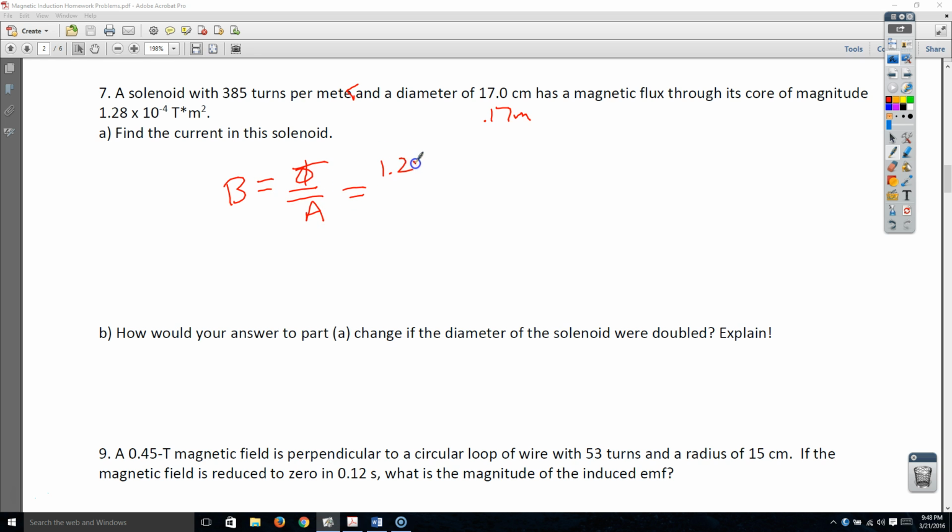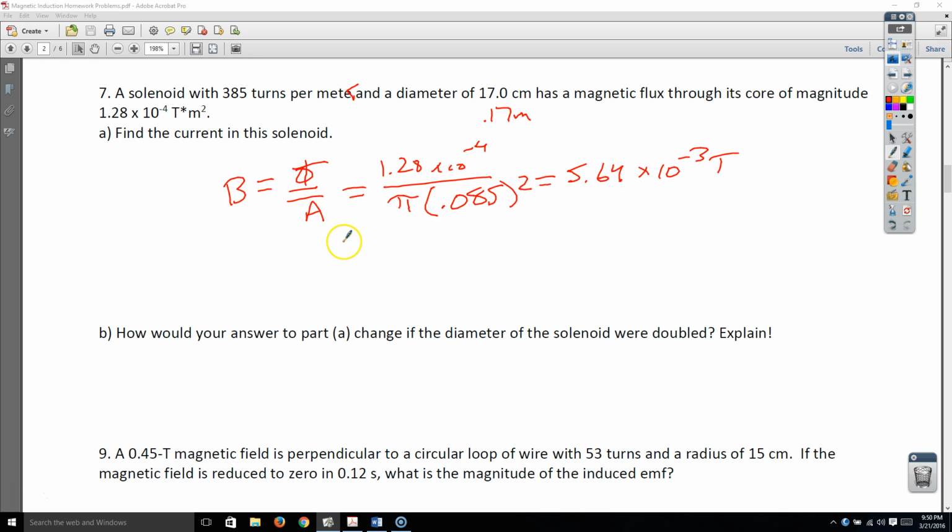Our flux here is 1.28 times 10 to the negative fourth, and then our area is going to be pi times r squared, so half of 17 should be 0.085, and then we've got to square that, so we should end up with 5.64 times 10 to the negative third Teslas. That would be the magnetic field.